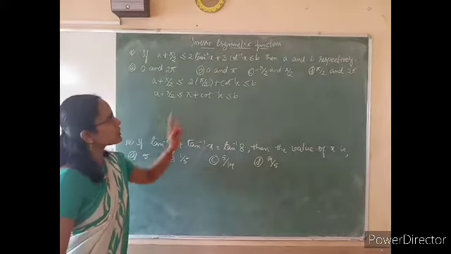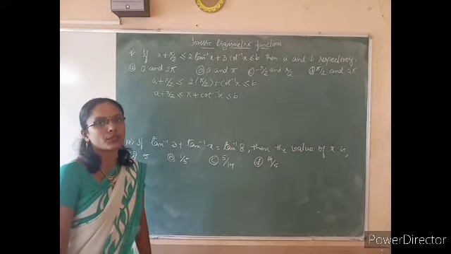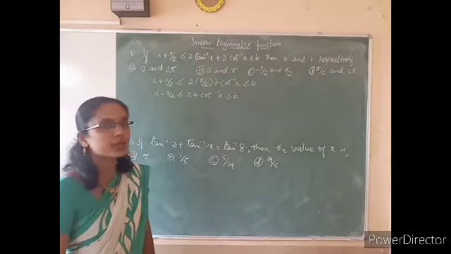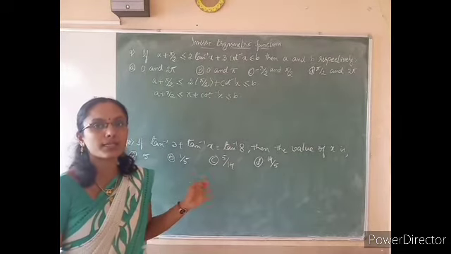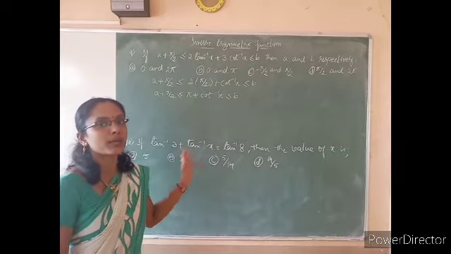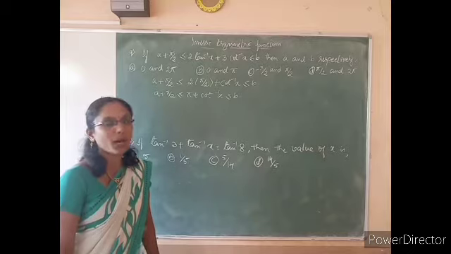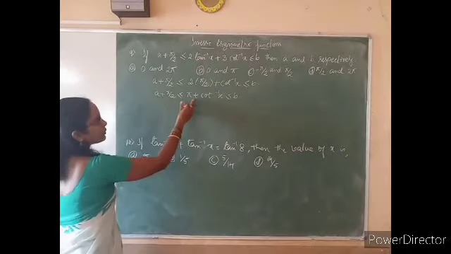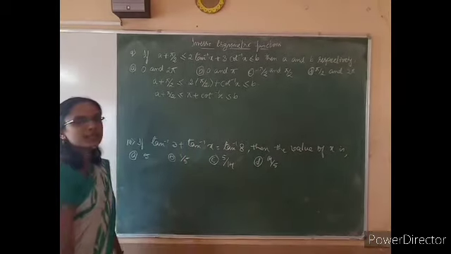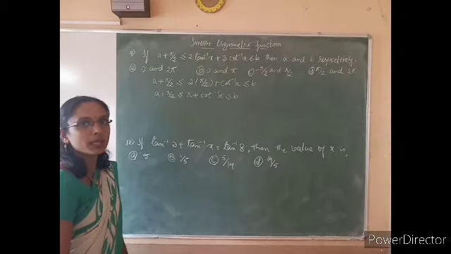And here you must know the range of cot inverse of x. For cot inverse of x, the range is the open interval 0 to pi, that is, it gets a minimum value 0 and a maximum value pi here. Therefore, cot inverse of x has a minimum 0.